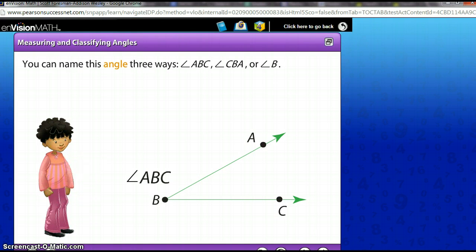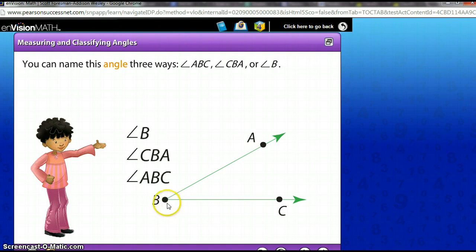You can name this angle 3 ways. Angle ABC, angle CBA, or angle B. There was a third way, I forgot about that one. Just angle B because you're naming it by its vertex. But typically I'm going to ask you to put the 3 letters in and have the vertex letter in the middle. Correct?